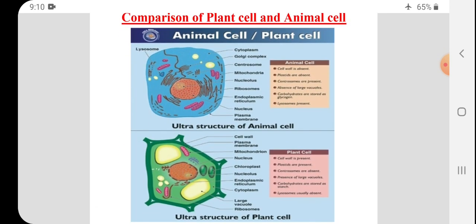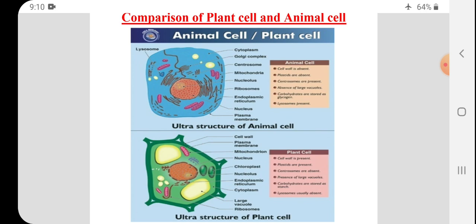So here is the comparison between the plant and animal cell, which is a really important question frequently asked in examinations. Let's talk about the key points of the animal cell. Cell wall is absent, plastids are absent, centrosomes are present, large vacuoles are absent, and carbohydrates are stored as glycogen.